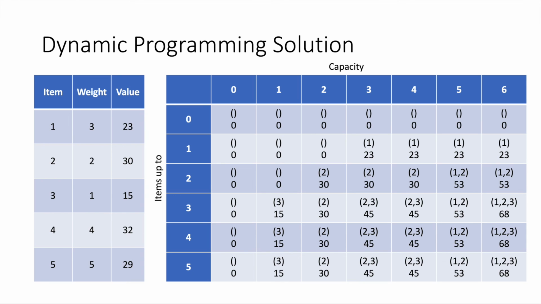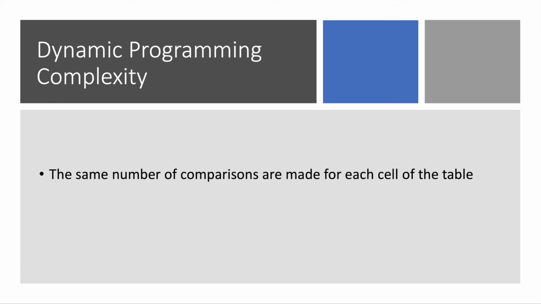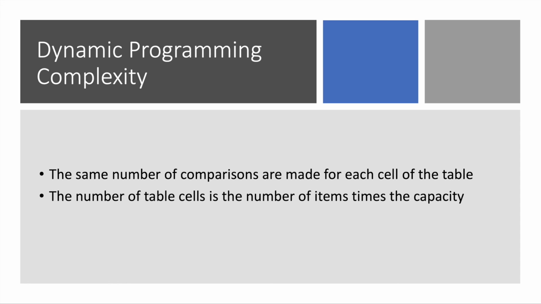So the last thing we'll do is compare the complexity of the dynamic programming solution versus exhaustive search. The same number of comparisons are made for each cell of the table in dynamic programming. This means that the complexity of the dynamic programming solution depends on the number of cells that need to be filled. The number of cells is the number of items times the capacity.